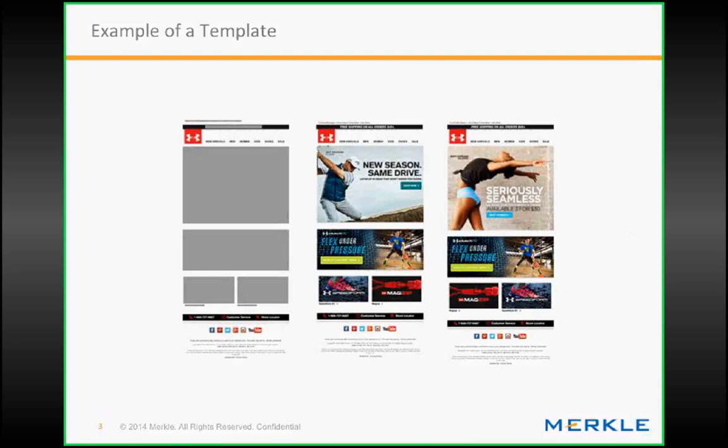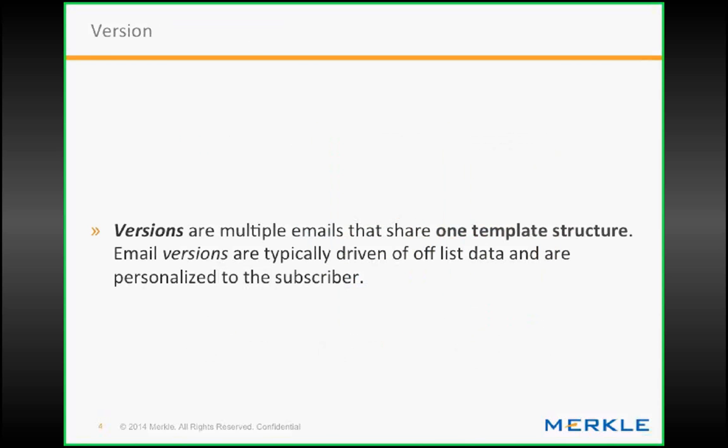So just to be clear, a template is primarily changing out content and imagery. When you start really changing up the structure, that's when we stop calling it a template and say it's either a one-off email or a non-templated build.